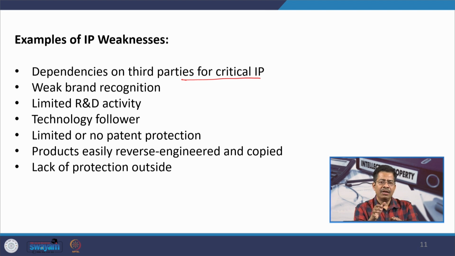Only then can you start manufacturing those things in house, otherwise we are always dependent on third parties for fulfilling our nation's defense requirements. So, you can understand that many a time dependencies become a very critical weakness.